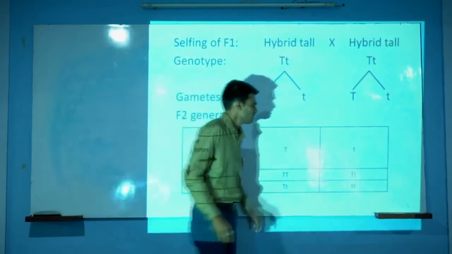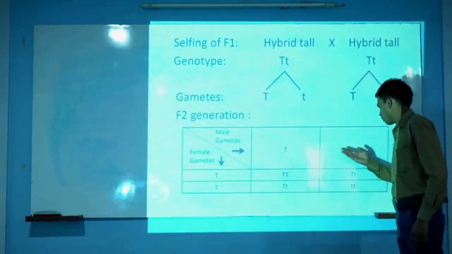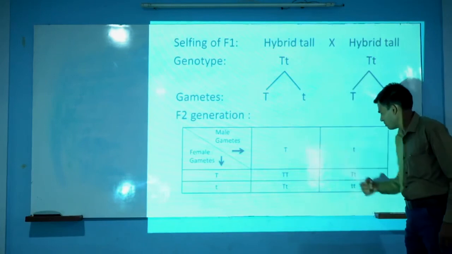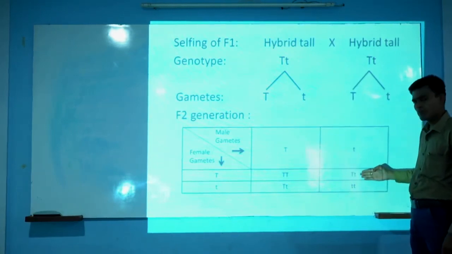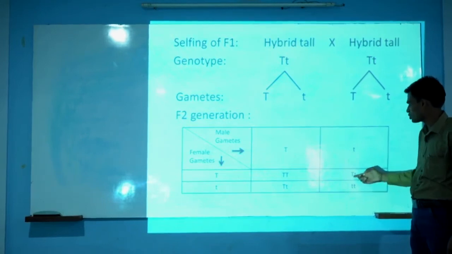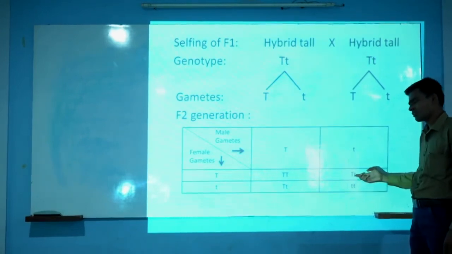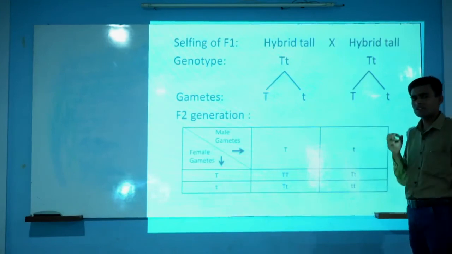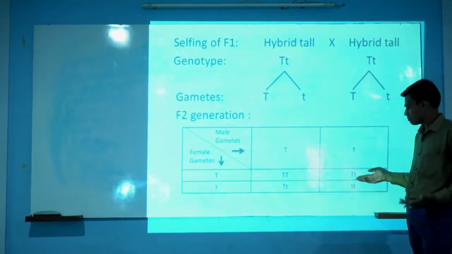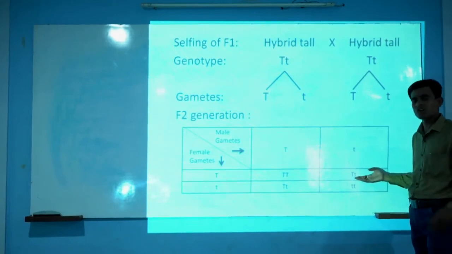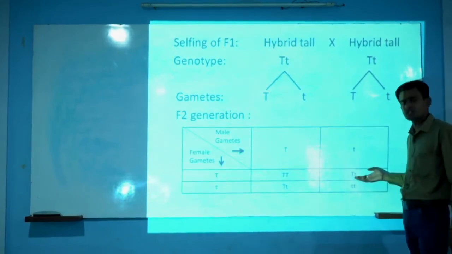The next plant gets one gamete, capital T, from the female gamete and another, small t, from the male gamete. So capital T, small t. This genotype is also responsible for expression of tallness, but it is a hybrid tall, a heterozygous tall.